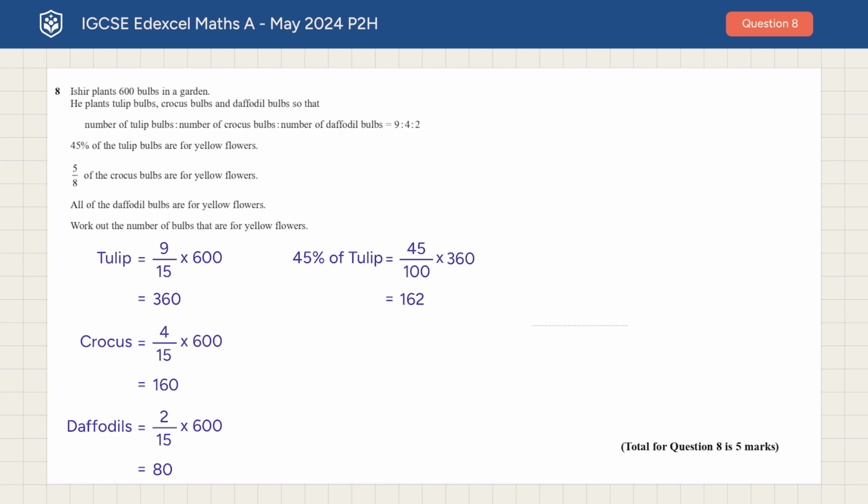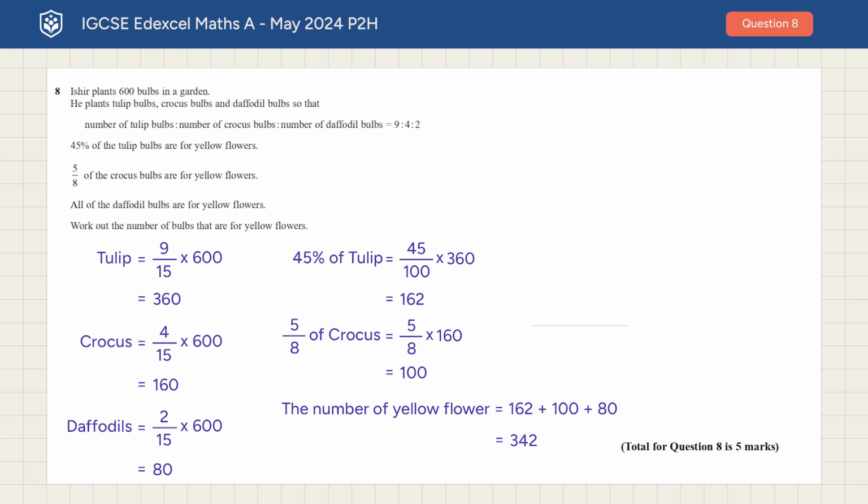For crocus, 5/8 are yellow. 5/8 of 160 is 100. For daffodils, all of them are yellow. So that's 80. Finally, we add them all up to find the total number of yellow bulbs, 162 plus 100 plus 80. This gives us a final total of 342. So the number of bulbs for yellow flowers is 342.